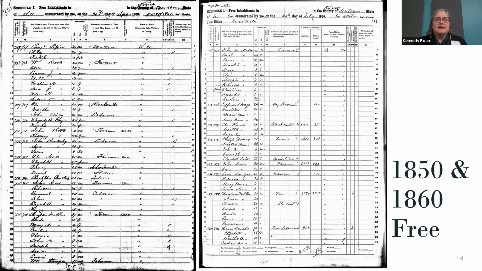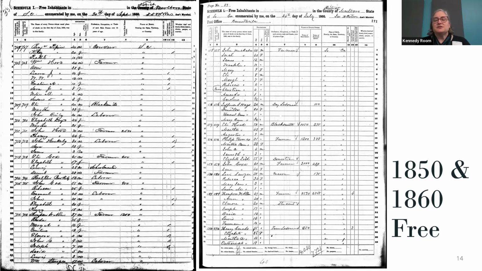The dwelling, they've started doing the house number in the order of visitation, families numbered in the order of visitation, and the name of every person in the household as of June 1, 1850. So this, in the free inhabitants, gets you an every name listing of who is living in the household.